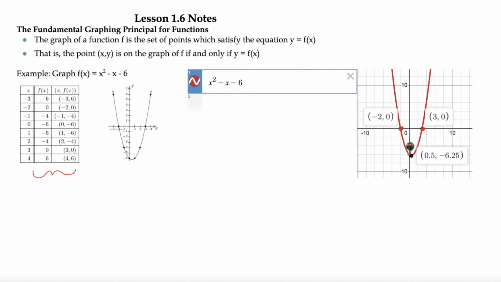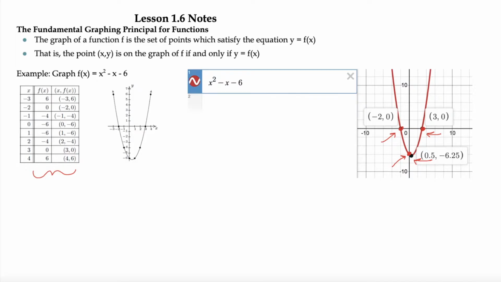We end up finding the x-intercepts, we end up finding the y-intercept, and then we end up looking at a minimum value of our point. So it can give us a lot of information just by clicking around on the graph itself.